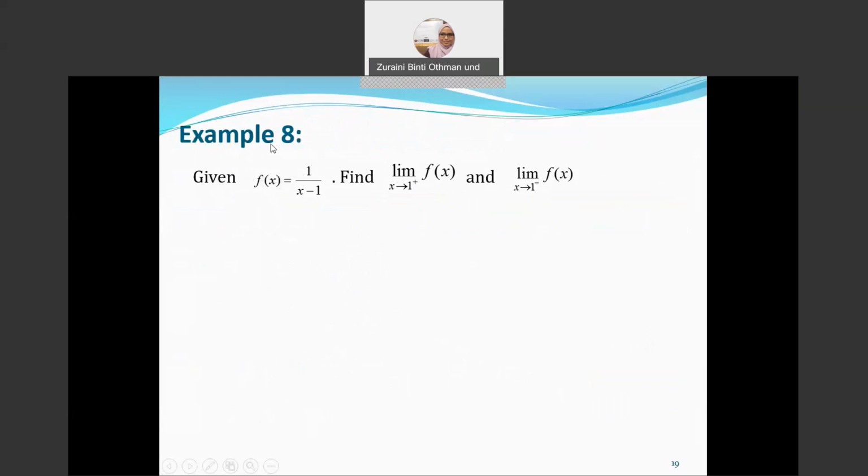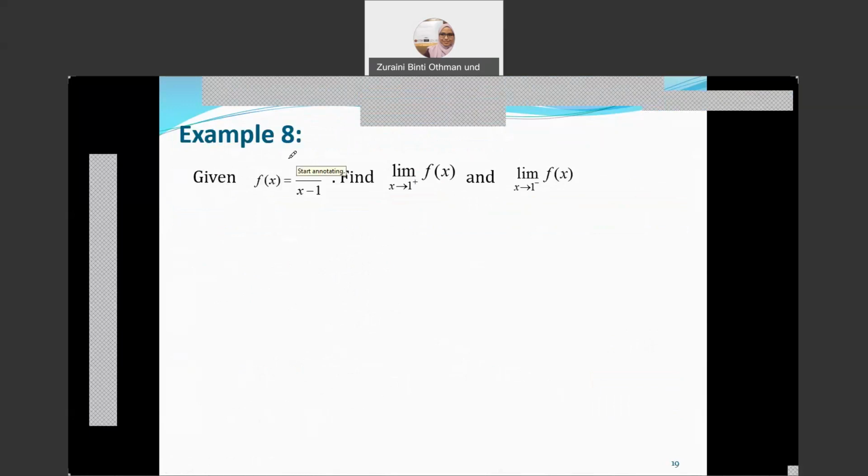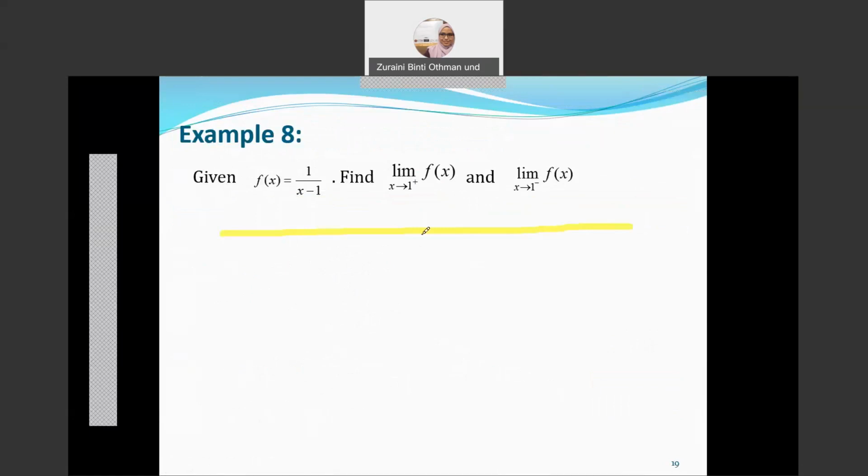Okay, example 8 now. For example 8, here we have this. So in order to solve this, kita guna table kan. Okay, table ni. Kat sini nilai dia 1. Kita tahu kita nak cari nilai 1 kan. So sekarang dekat table ni, kat sini kita at least kita cari 3 value.